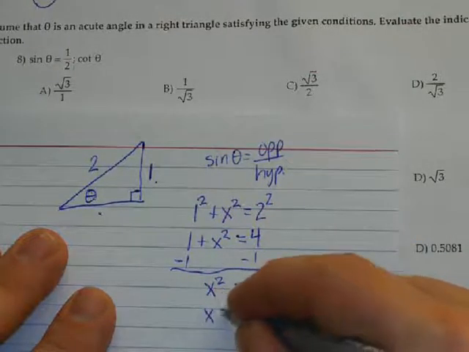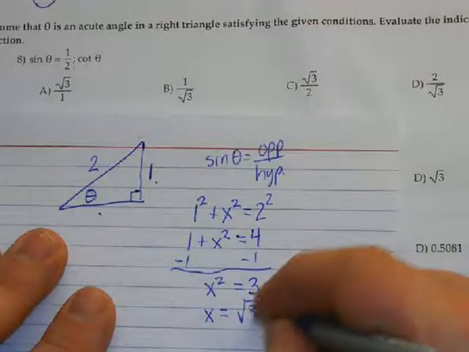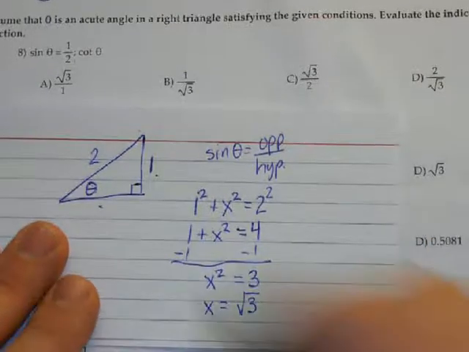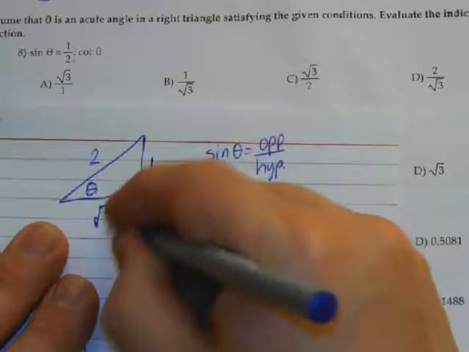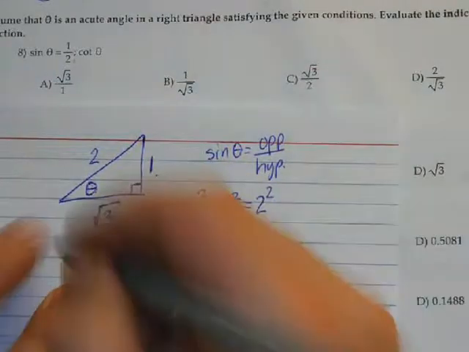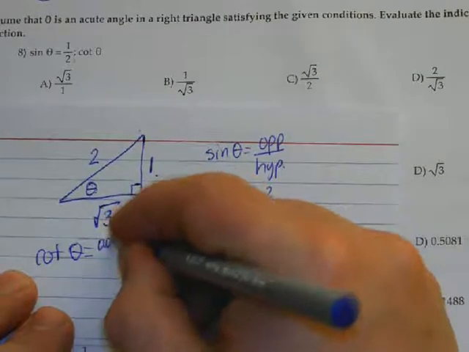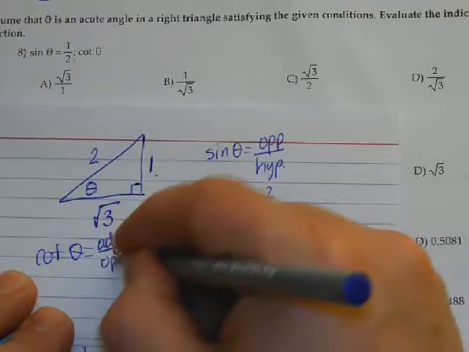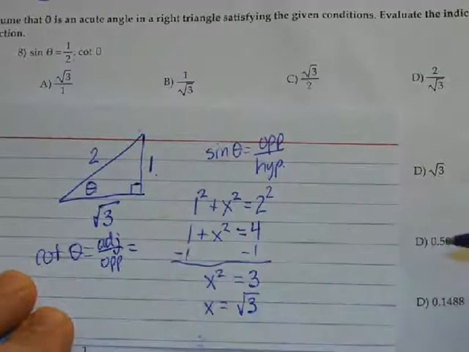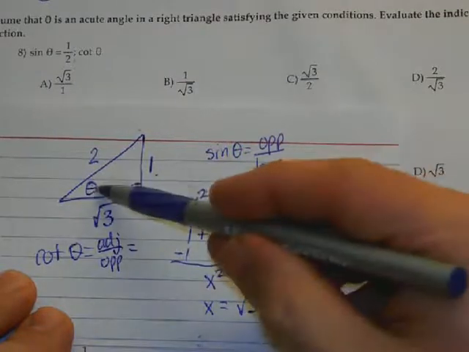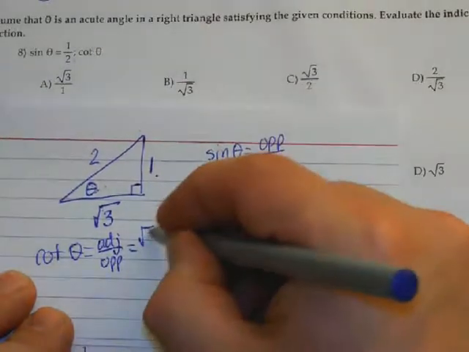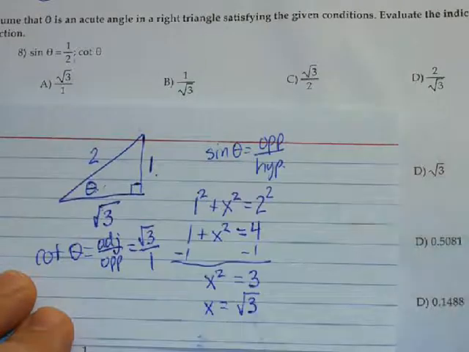Because we don't need to worry about negative roots in this problem, that length is radical 3. So the cotangent of theta, adjacent over opposite, would be radical 3 over 1. And we see that answer is A.